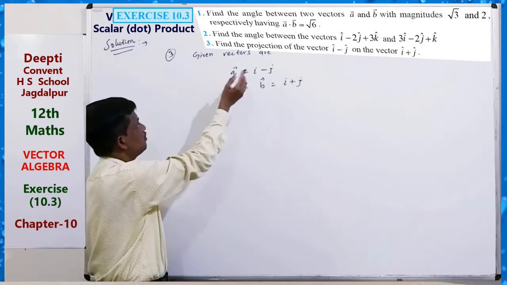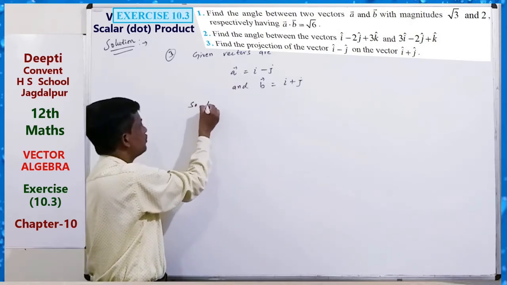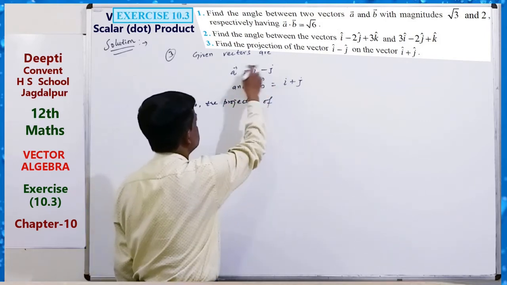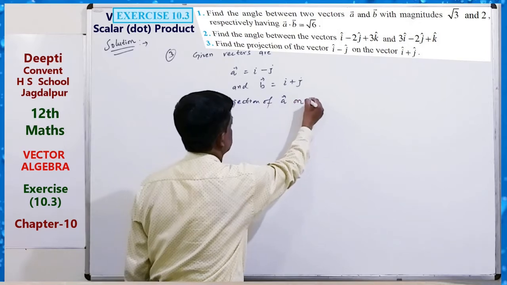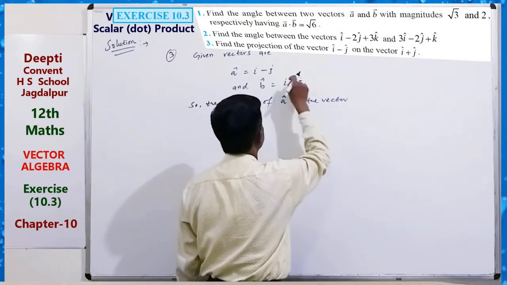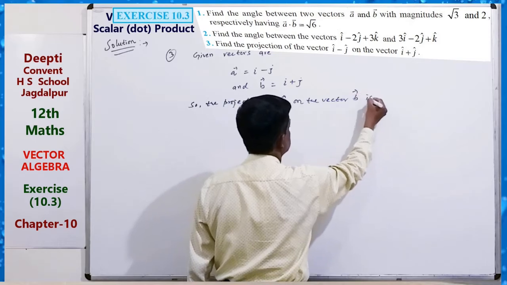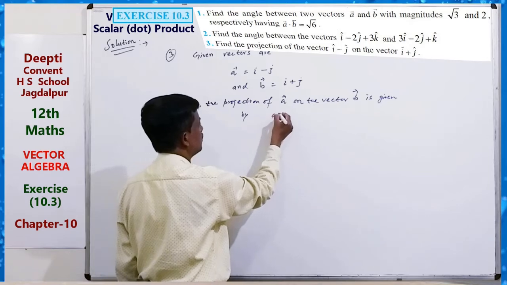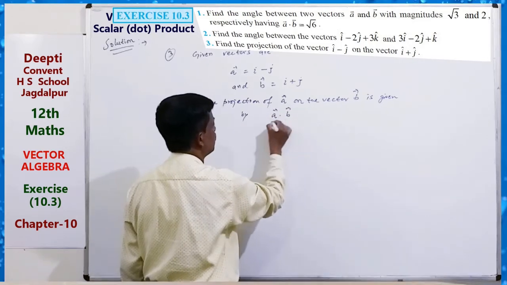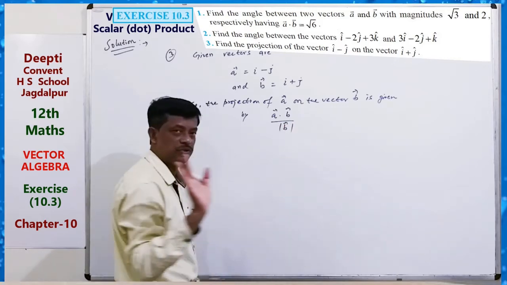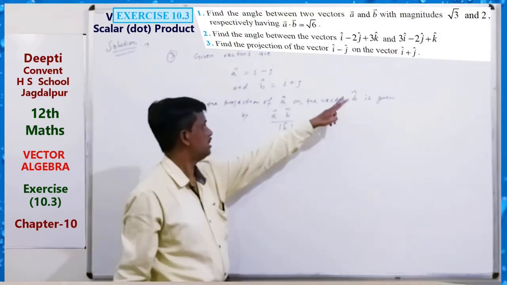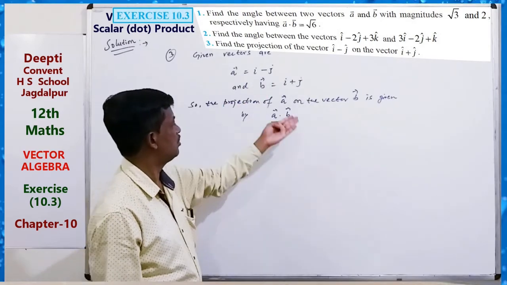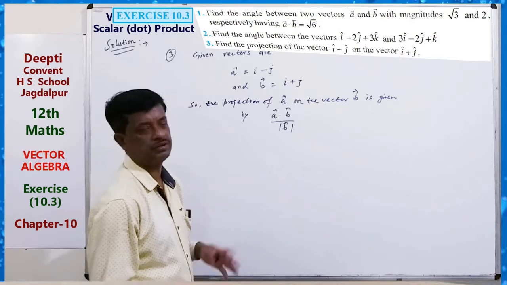The projection of A on the vector B is given by A dot B upon mod B. This is our formula: projection of A on B means A dot B by mod B. So just find the value of A dot B and mod B, put them in, and you can get the result.